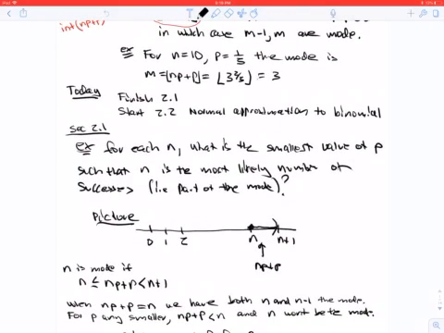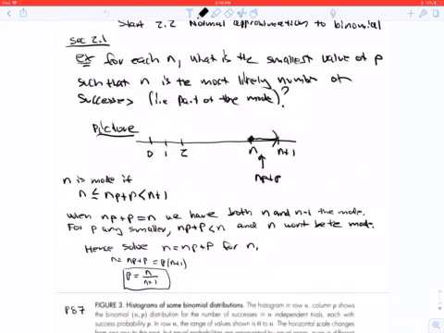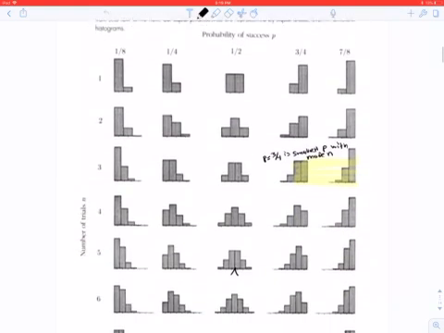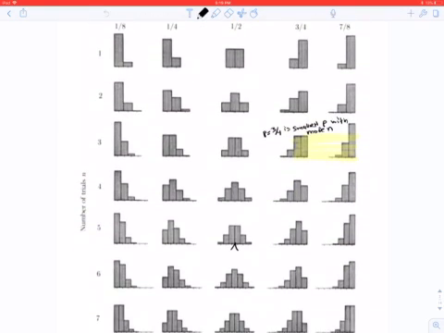So today we're going to finish 2.1 and start on the normal approximation to the binomial. So here's an example. For each n, what's the smallest value of p such that n is the most likely number of successes? So let's take a look at that in an example. Say that n is 3. So what's the smallest p such that 3 is the mode?